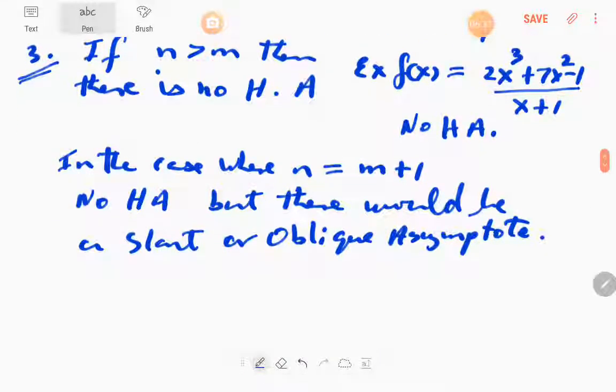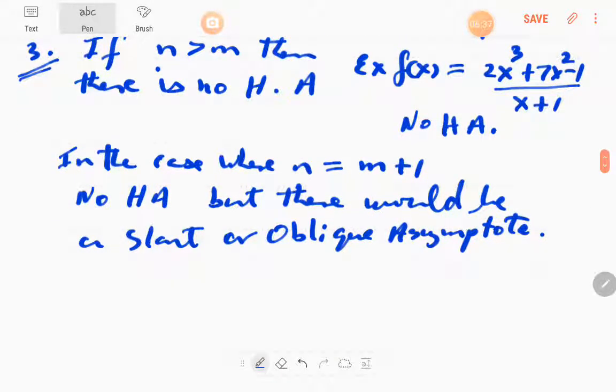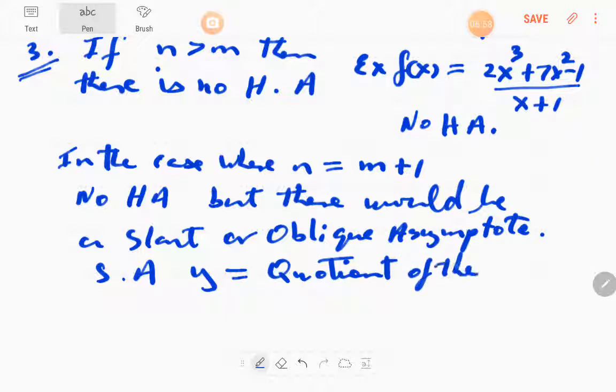And that slant asymptote or oblique asymptote would be the quotient of the division. So the slant asymptote would be y equal to the quotient of the division.